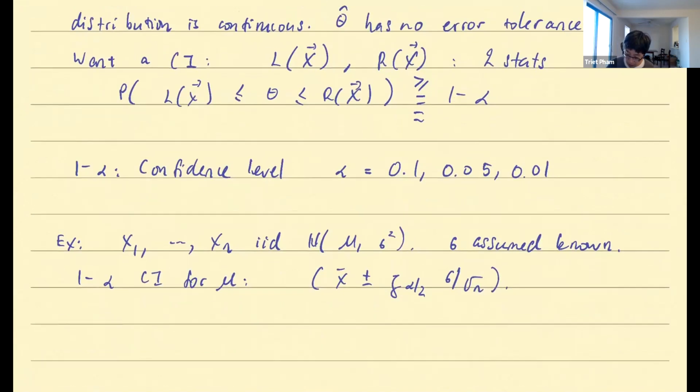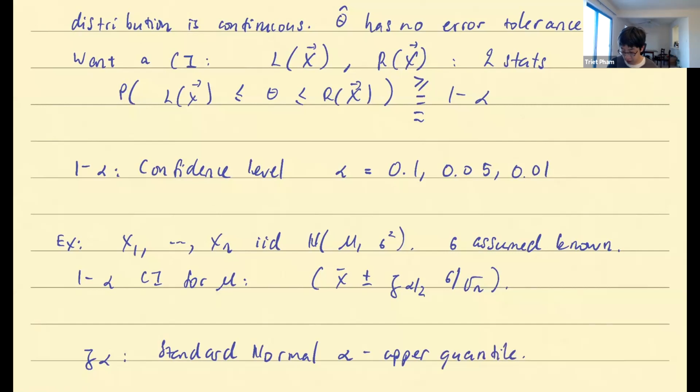So here, z alpha over 2 or z alpha is, I guess not the z score, probably is the z quantile, the standard normal alpha upper quantile.